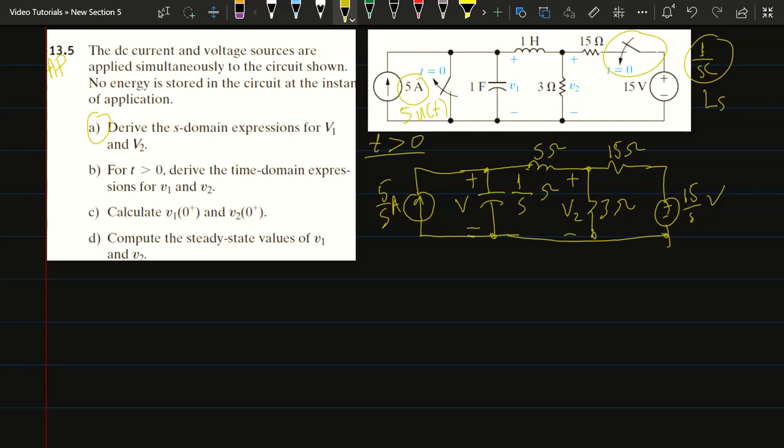For the analysis I will use the node voltage method because it's the easiest in this case. I have only 2 nodes, and the voltages will be on the nodes V1 and V2.